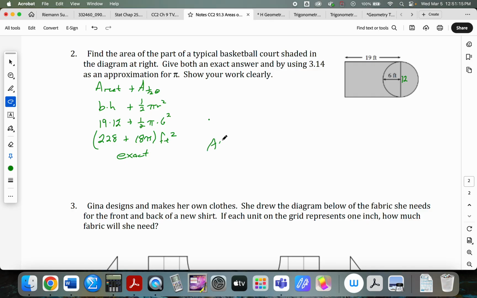So then the area will be approximately equal to, let's see, it says use 3.14 for pi. So we're going to multiply that times 18.